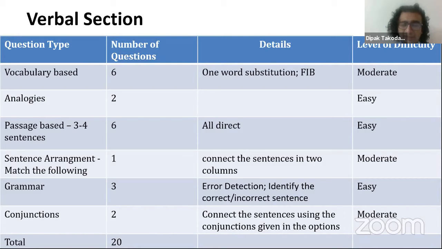When we talk about grammar, there are certain questions based on conjunction. You're given 4 sentences, and in the options you're given conjunctions.